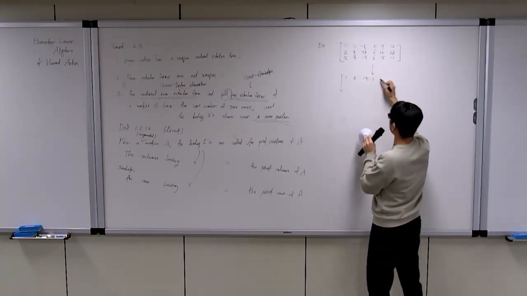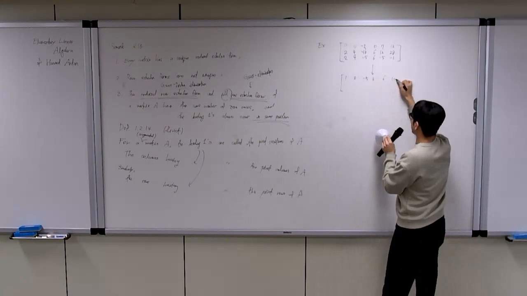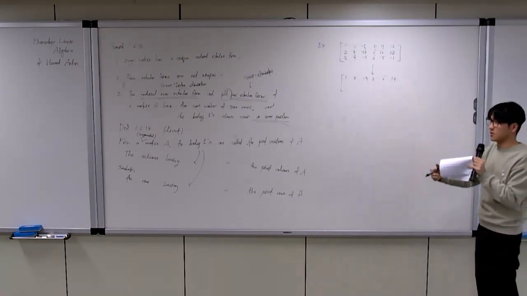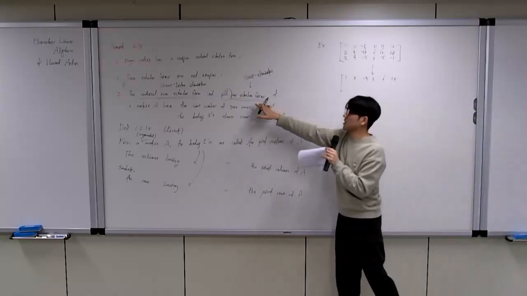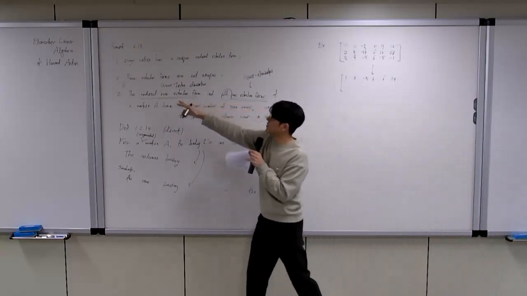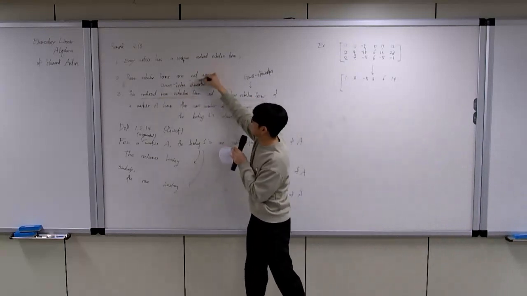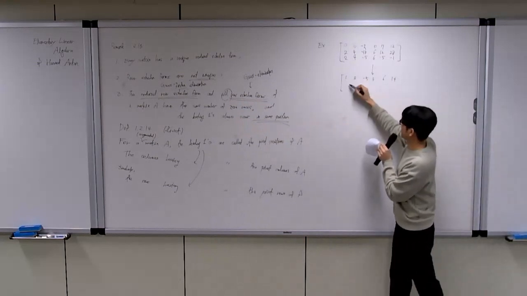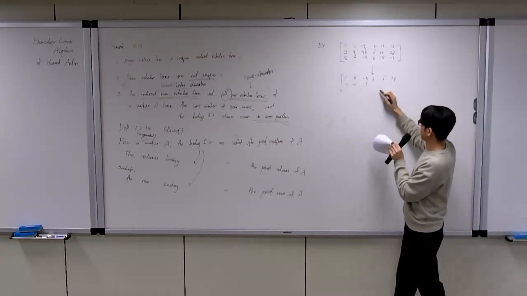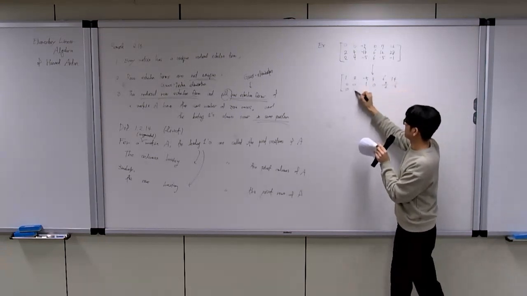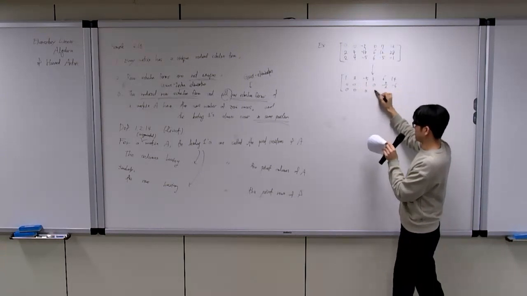When you calculate it, you might get another row echelon form, because it is not unique. Row echelon form is not unique, so you might have another form, but I will use this result.